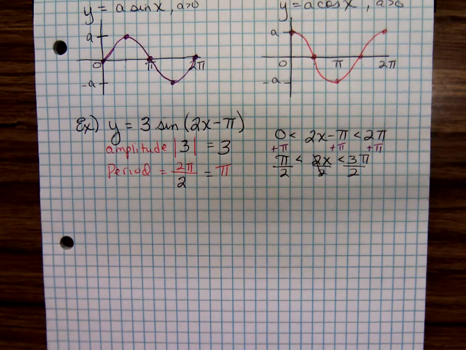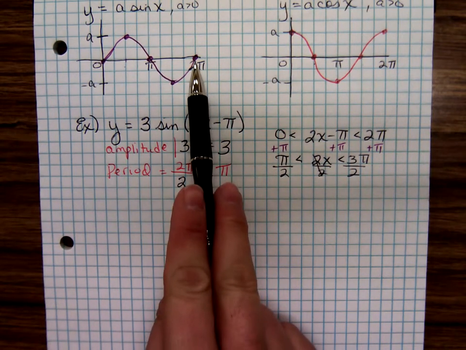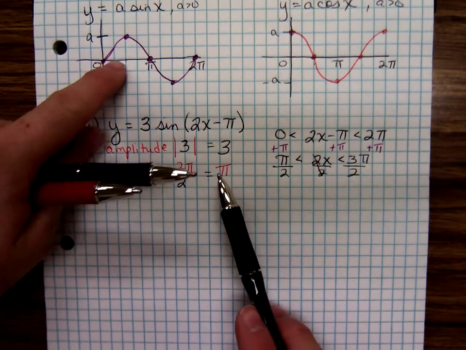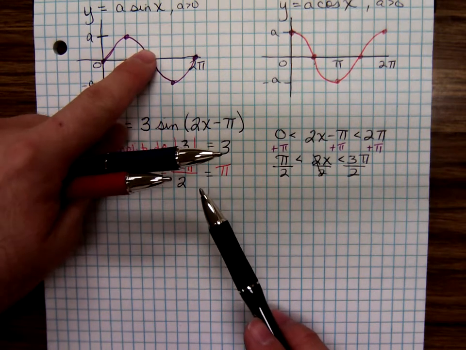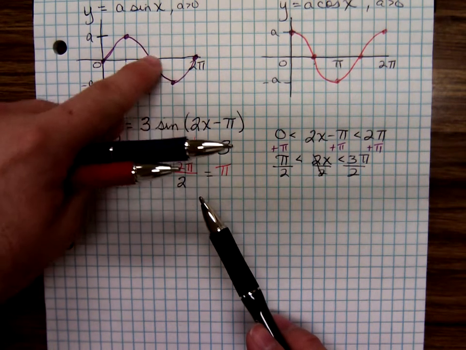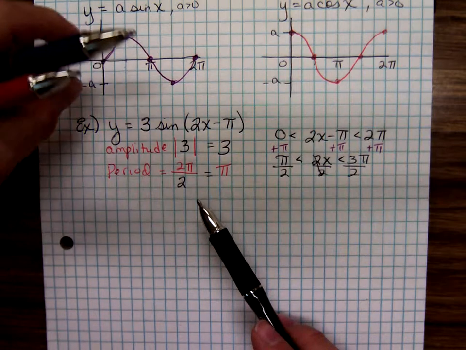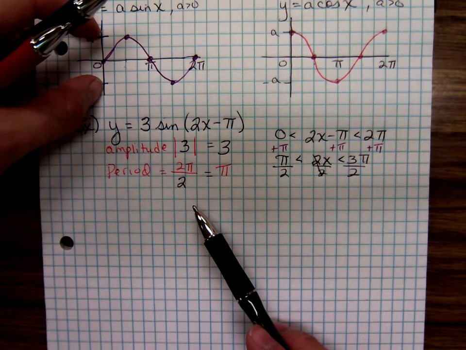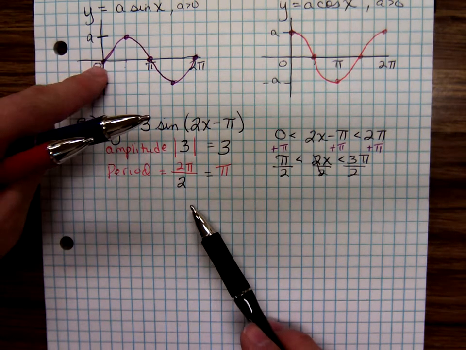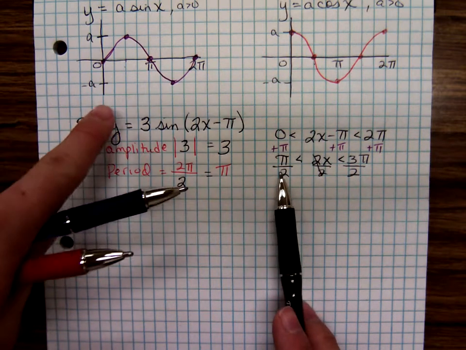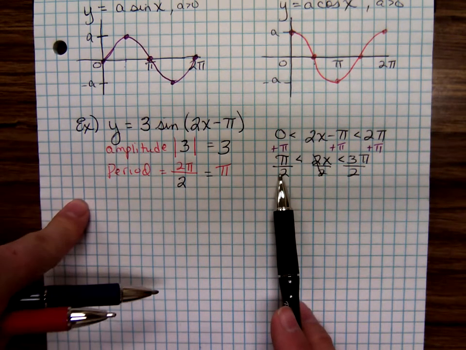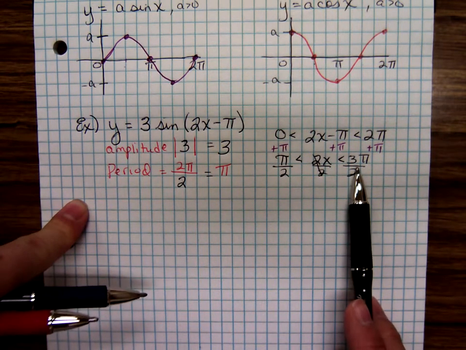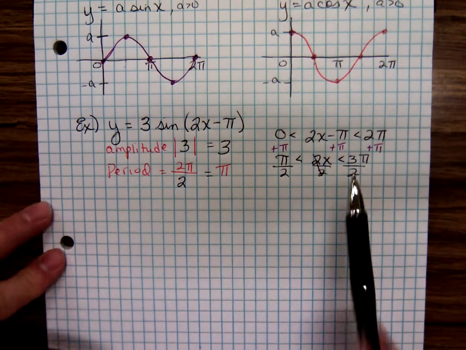So instead of the graph going from 0 to 2 pi, it's going to make this shape right here, but it's going to be bouncing between 3 and negative 3. And instead of starting at 0 and stopping at 2 pi, it'll start at pi over 2 on the x-axis and end at 3 pi over 2 on the x-axis.